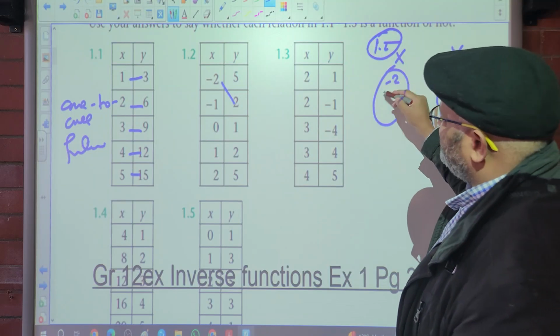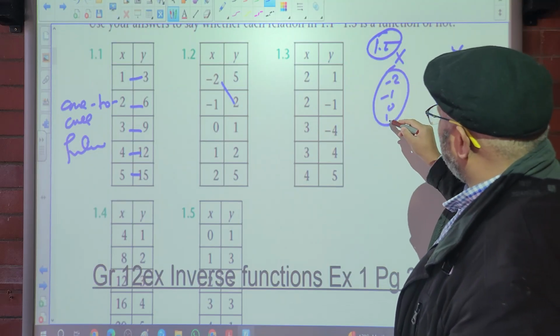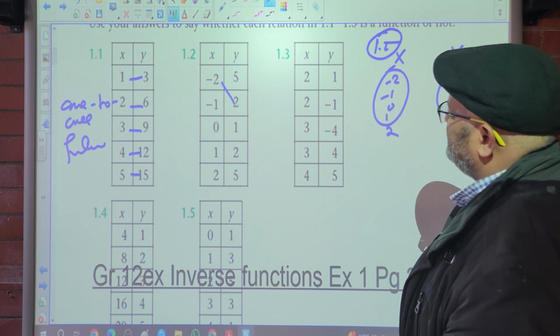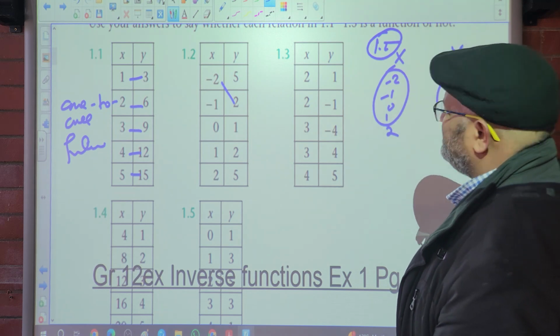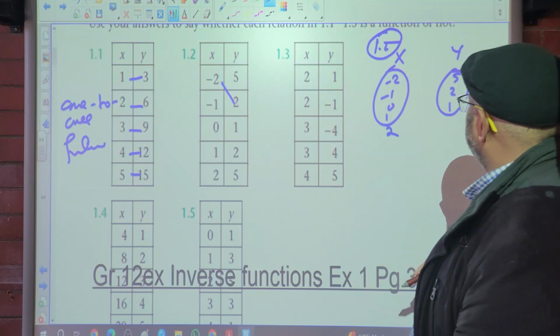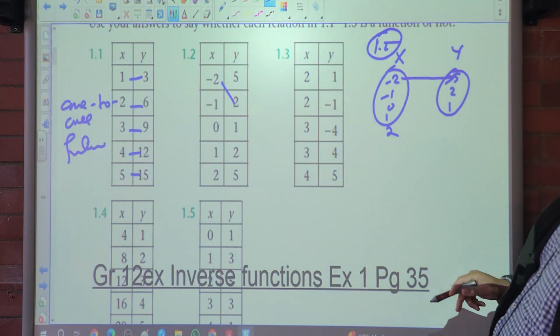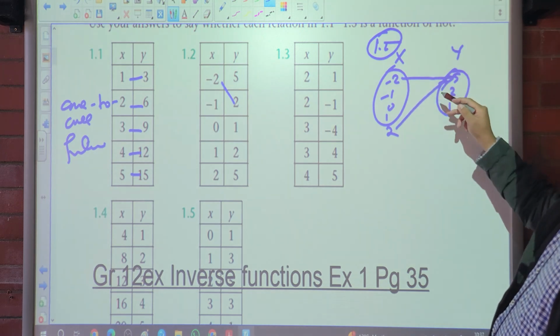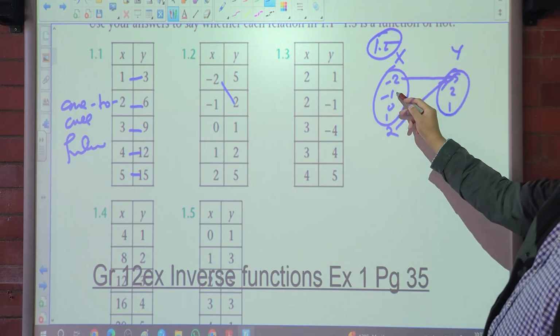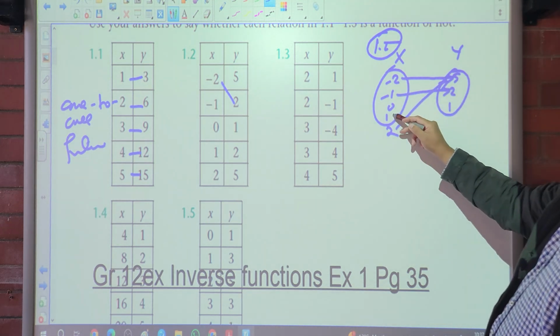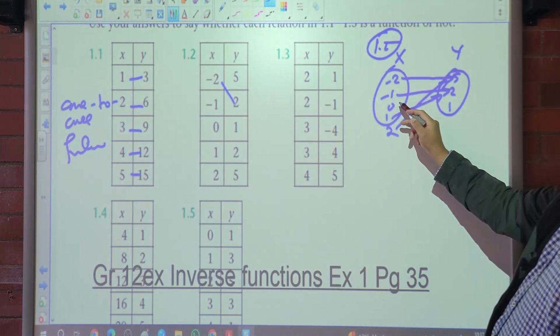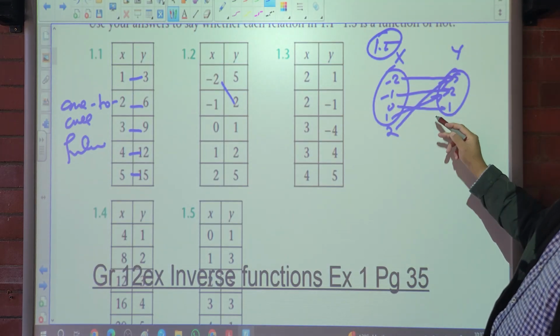So you've got negative 2, negative 1, 0, 1 and 2. The values are 5, 2 and 1. So there's negative 2 with 5, and 2 with 5. You see that? 1 with negative 1, and 1 with 1, and 0 with 1.